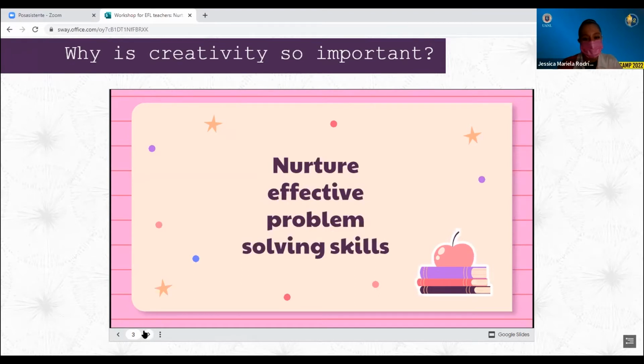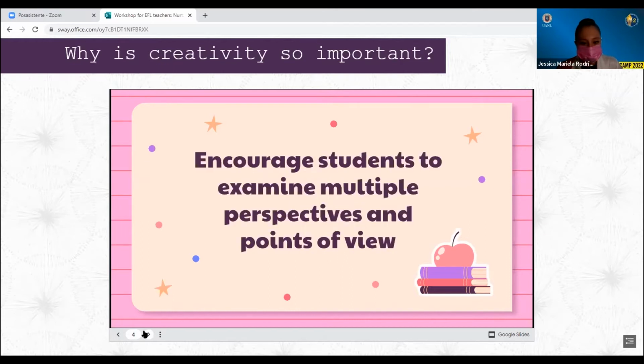We can also nurture effective problem solving skills, because if we want to solve a problem, we need to think of different or alternate solutions, right? And these are good exercises to develop creative thinking. We can also encourage students to examine multiple perspectives and points of view, because they are working with more people, okay?